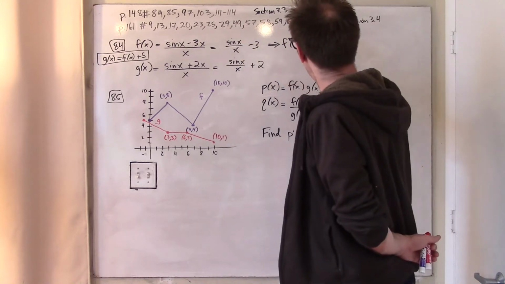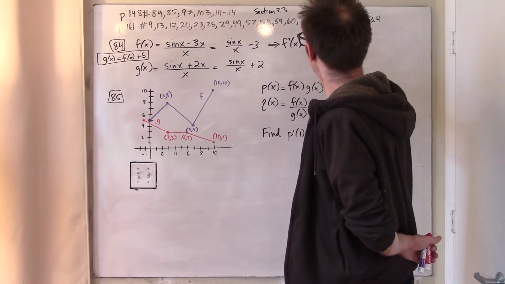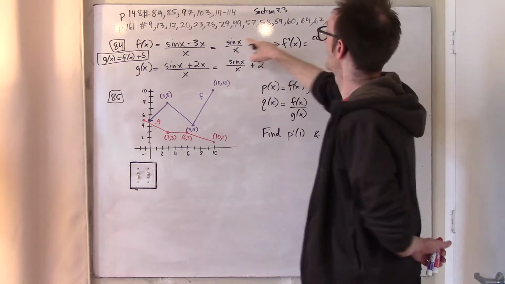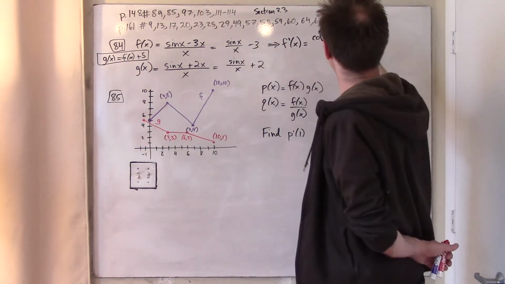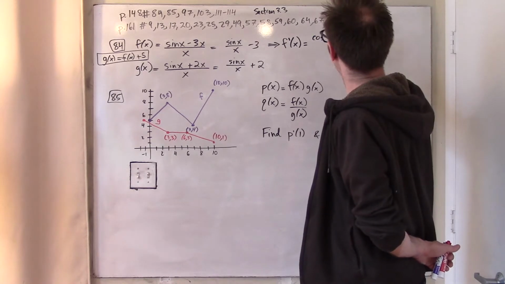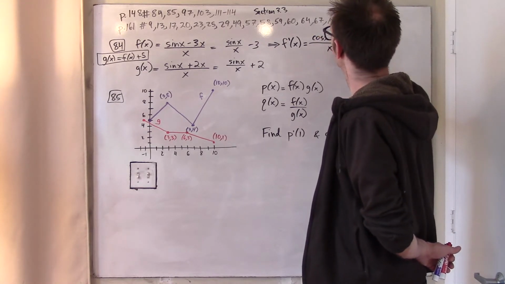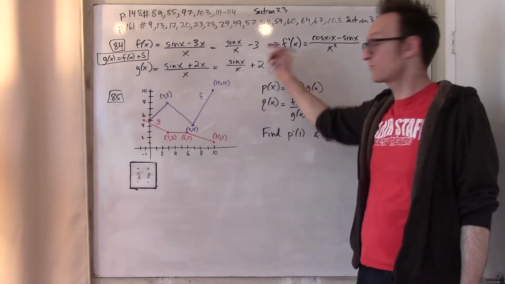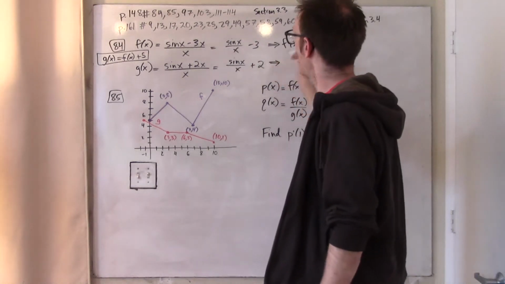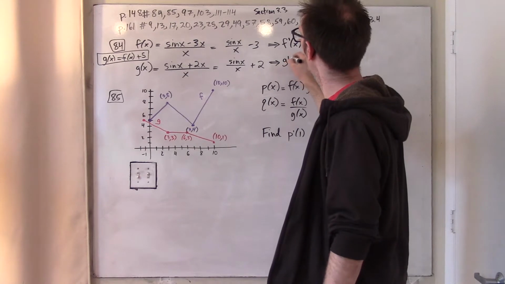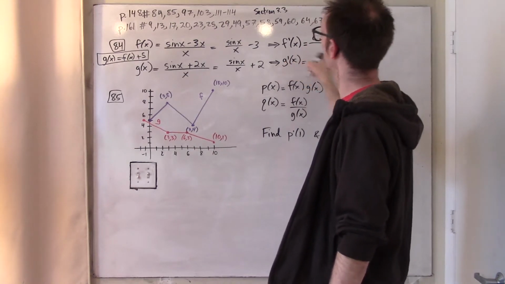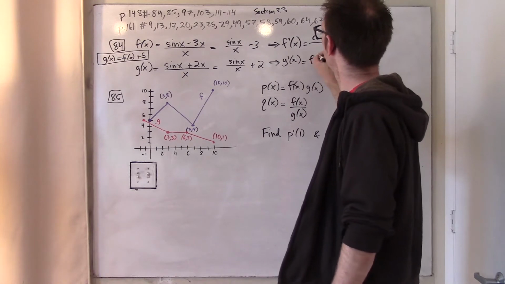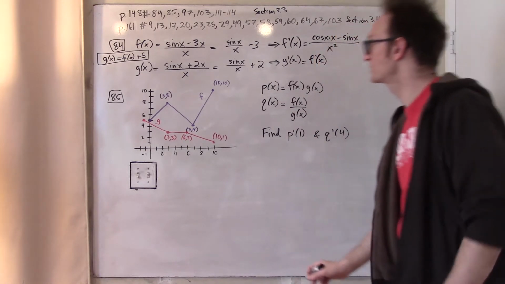Derivative of the top, so the derivative of sine is cosine, so derivative of the top times the bottom minus the top times the derivative of the bottom, so minus sine x, all over the bottom squared. So that is my formula for the derivative. Of course, the derivative of negative 3 is just 0. And, okay, it's just completely ridiculous for me to do the quotient rule again, because it's just the exact same thing. So I'll just say this equals f prime, and we're really just kind of done.